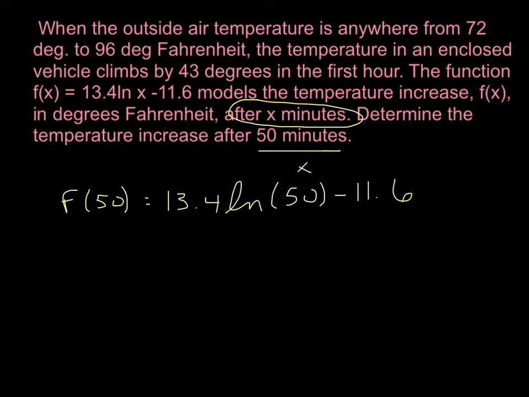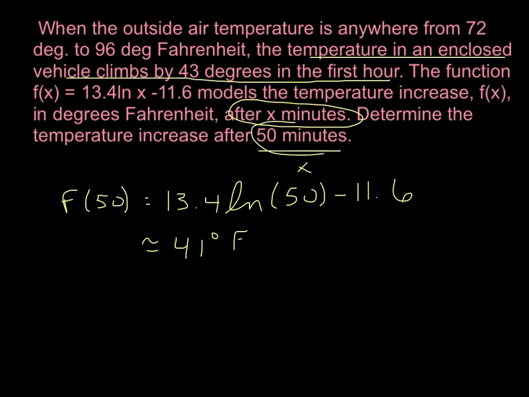So all we have to do is evaluate that in the calculator. On your calculator, you will have a natural log, an ln button. And when we type that into the calculator, we see that's going to come out to be about 41 degrees Fahrenheit. So that should kind of make sense, because up here it says that the temperature in an enclosed vehicle climbs 43 degrees in the first hour.